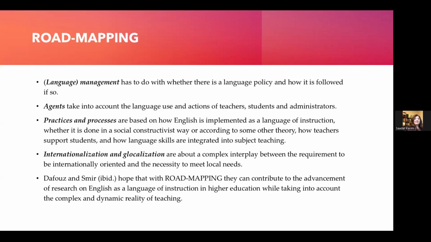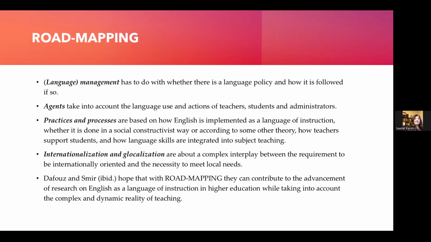The next component is called internationalization and globalization. So internationalization and globalization are about a complex interplay between the requirement to be internationally oriented and the necessity to meet local needs.